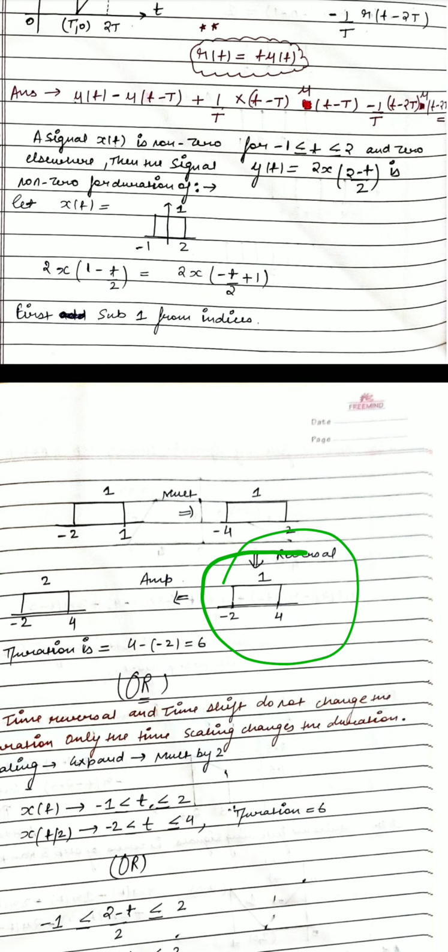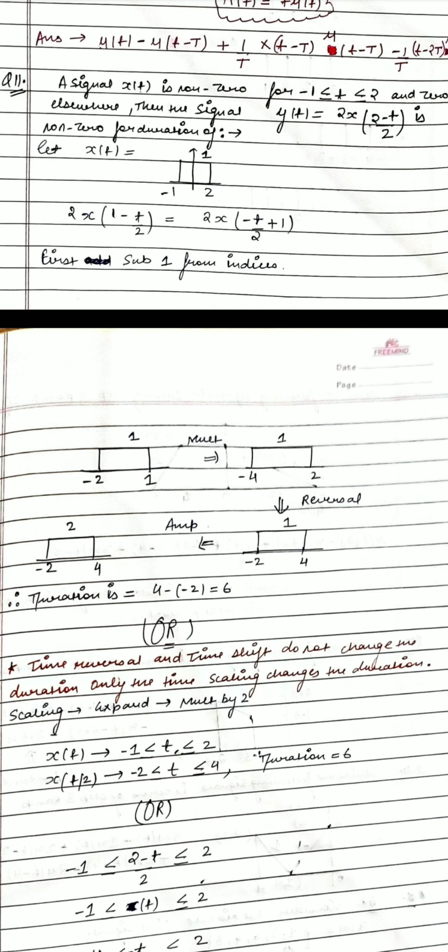Minus 2 will become minus 2, minus 4 will become 4, and the graph reverses. And then the amplitude is multiplied by 2. So this is the final signal. The signal duration is 6, which is non-zero from minus 2 to 4. And the duration is 6.